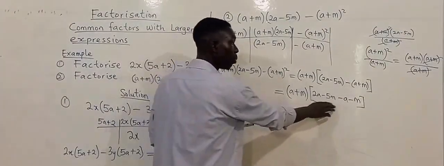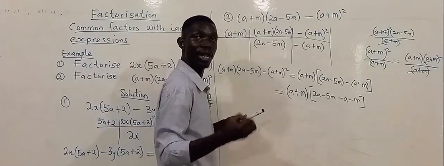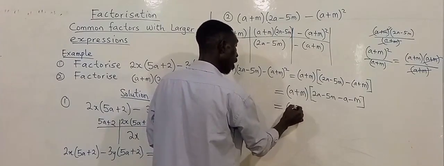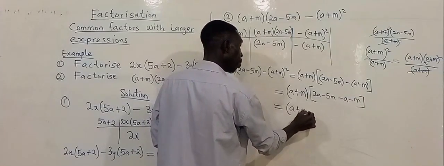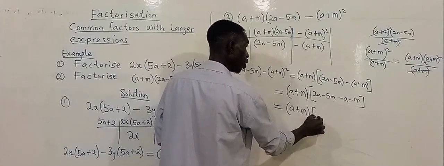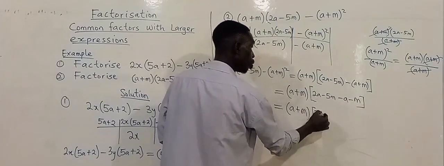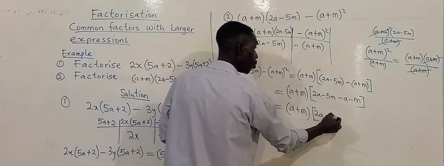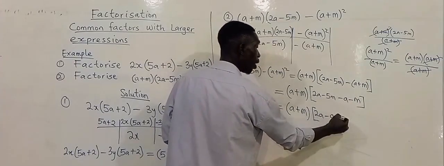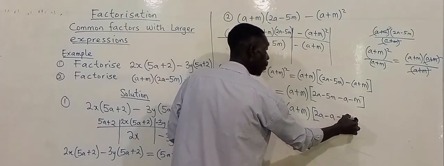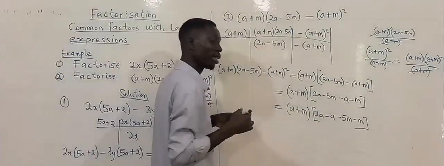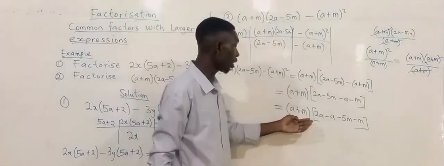So we continue simplifying this by collecting like terms. So we have a plus m into 2a, we collect this other a, minus a, and then here we have minus 5m minus m. So we have collected like terms.